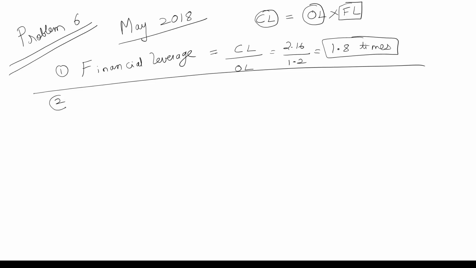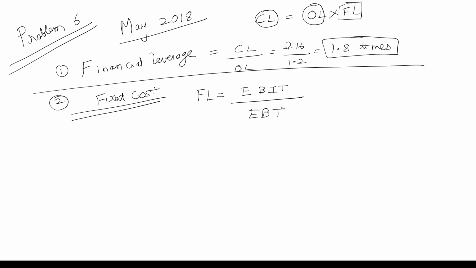Let's go to the second part, where they ask us to find out fixed cost. Let's see how this has to be done. Financial leverage can be expressed as EBIT divided by EBT.